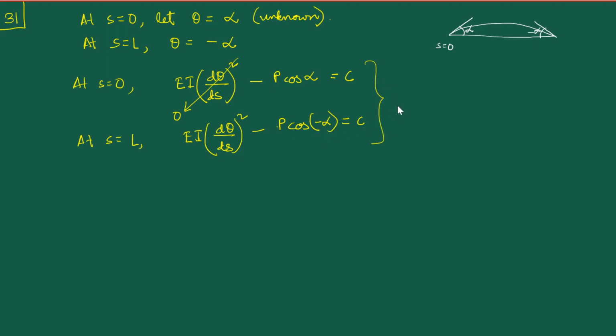So from both of these, thankfully they are the same thing, we are obtaining that c is equal to minus p cos alpha. Therefore, what we conclude is that in general, all throughout the domain, as we had obtained earlier, it is going to be EI d theta ds whole square minus p cos theta, that is going to be equal to minus p cos alpha.